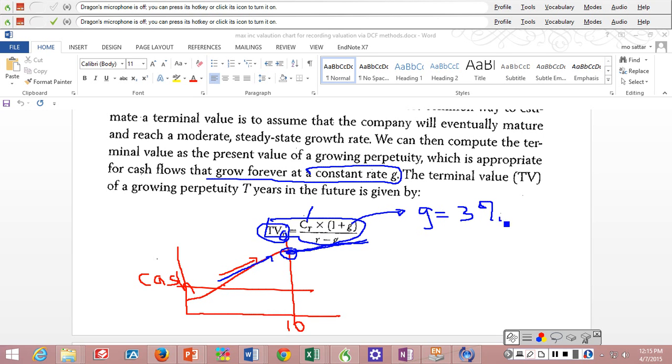So what basically it means is that at this point right here, at the 10th year, if I want to know the terminal value at that point, I would take the CT, which is the cash flow from the business model in year 10, whatever the number is. G, we will assume to be 0.03, which is a growth rate of 3%.